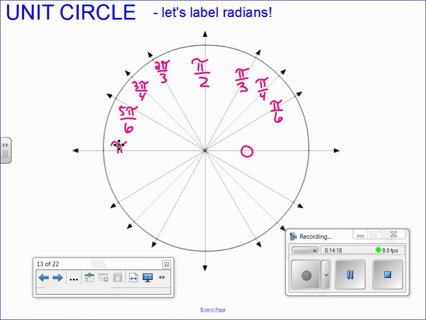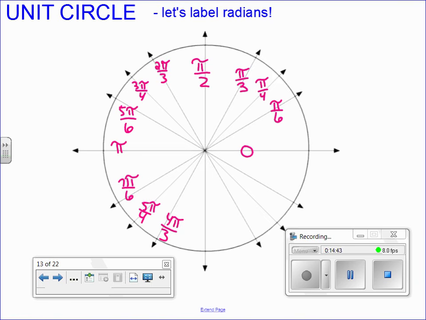210 degrees is 7 pi over 6. At 225, we're at 5 pi over 4. Then 4 pi over 3. Some of you are seeing that pattern and you just guessed it. Some quadrants have an easy pattern. Some quadrants have a little bit harder of a pattern.